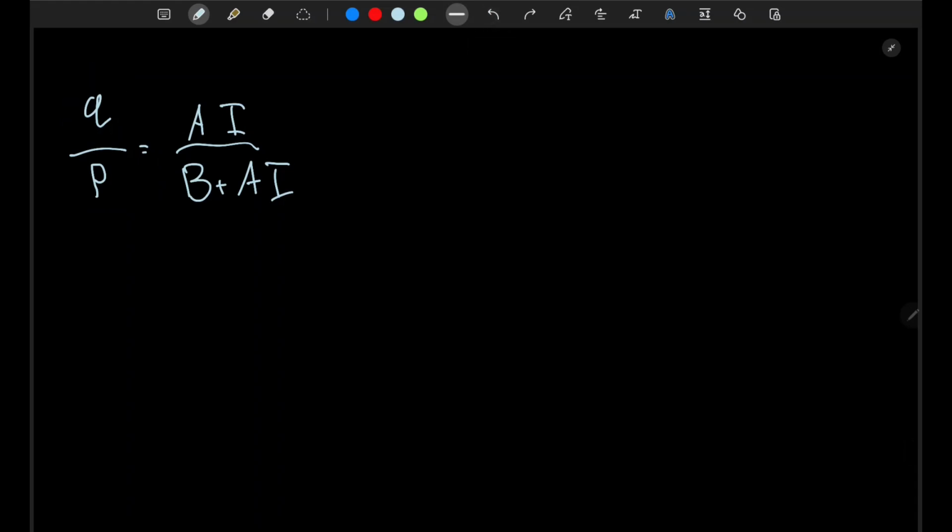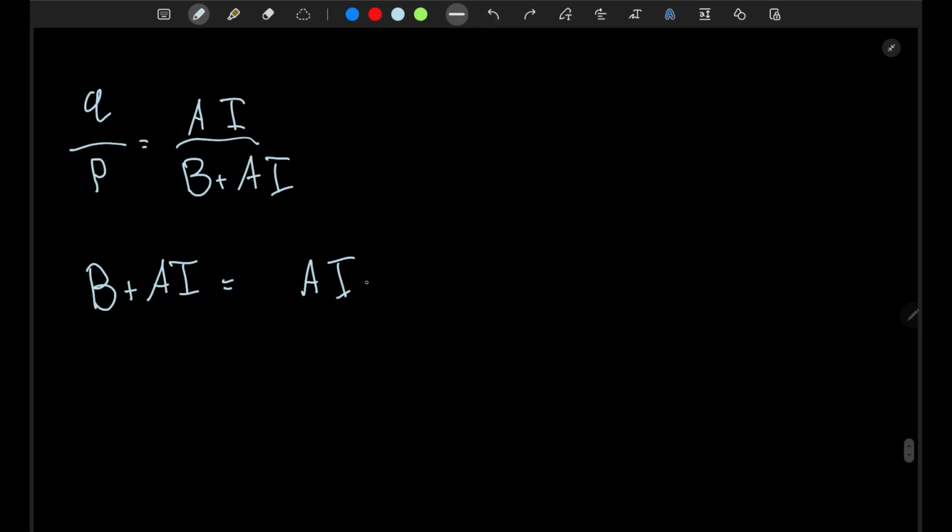So if we move this, let's write first the b plus ai, and then we are going to have on this side ai, where we took this p and pushed it up, so that's going to be multiplied by p, and then we took this q and pushed that down, and that is going to be over q. Again, we took this bottom, moved that up, at the same time taking this q, moving that down, and this p, moving that up.